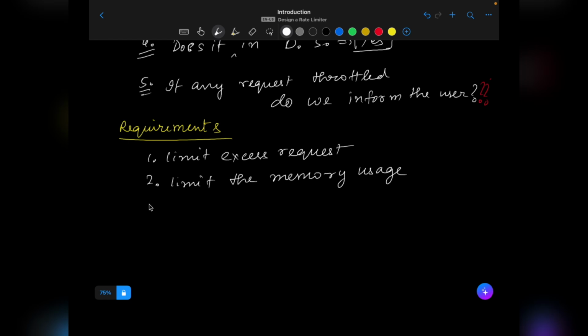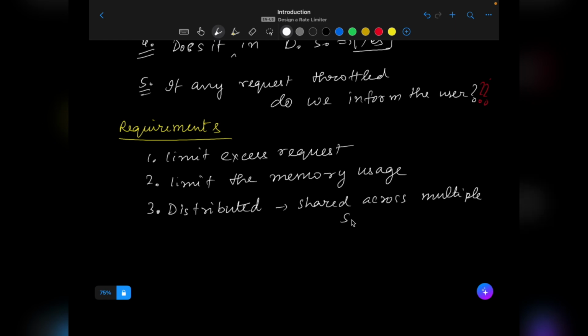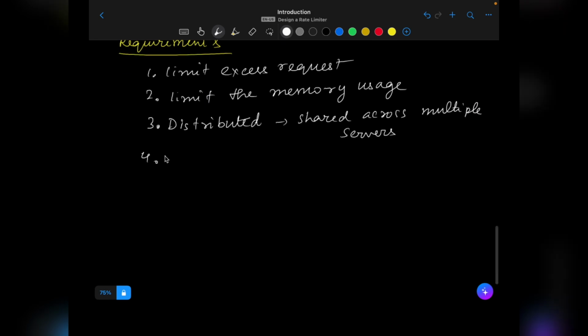Third, it should be distributed, means shared across multiple servers. There should be a well established exception handling.